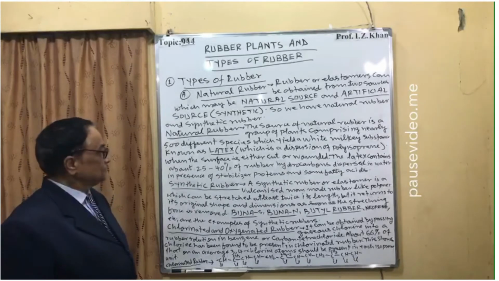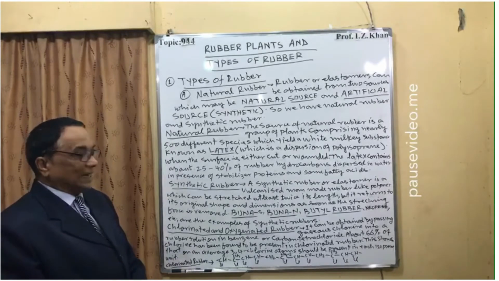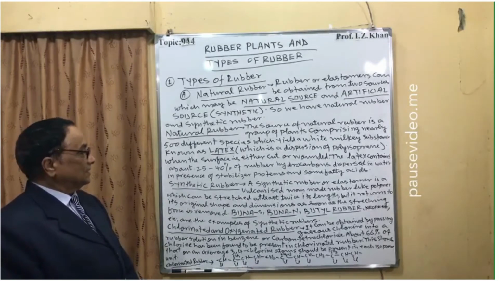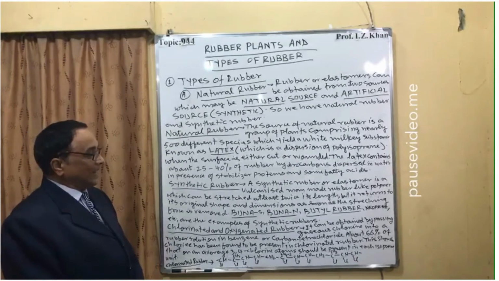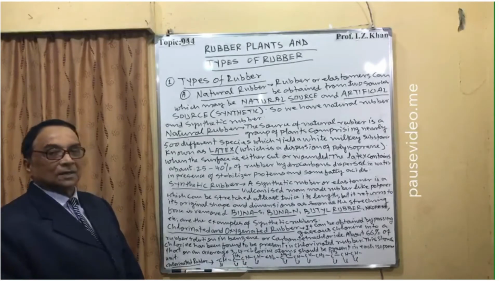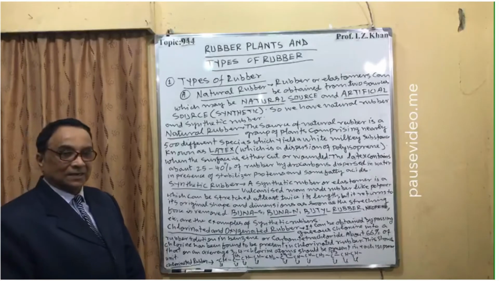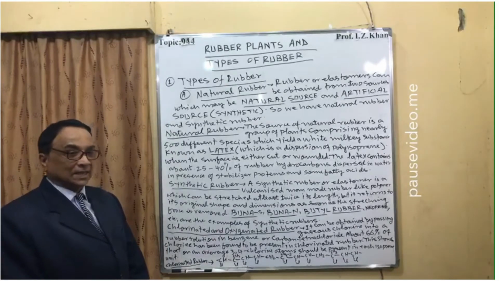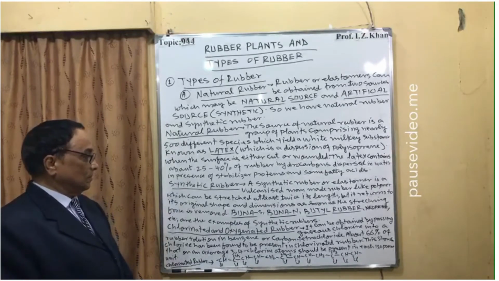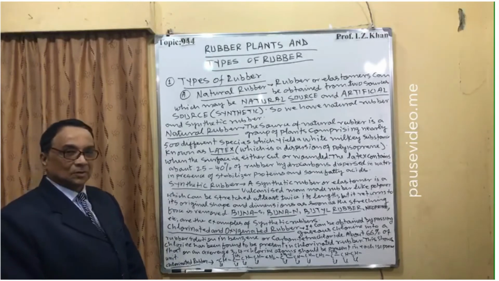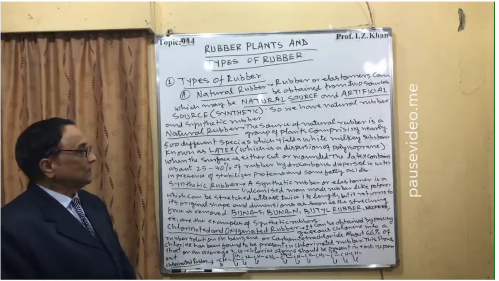Synthetic rubber. A synthetic rubber or elastomer is a vulcanized man-made rubber-like polymer. Vulcanized means where sulfur is added and some polymer is synthesized, and that polymer may be butadiene or butyl rubber.